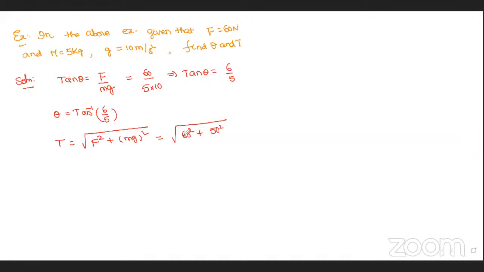Few students did it by taking 10 square common, so it becomes 10 root of 6 square is 36 plus 5 square is 25, root of 61. This is correct, and root of 61 is 7.81, so you can write it as 78.1 newtons. Both are correct answers, 78.1 or 10 root 61. Okay, good.